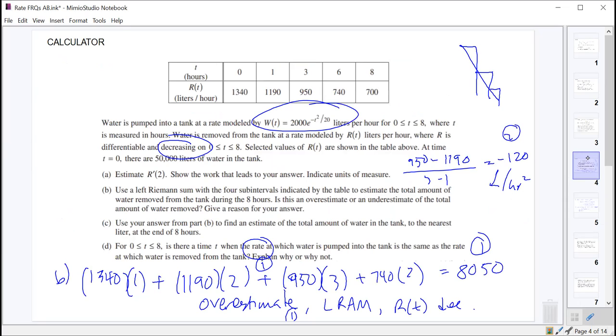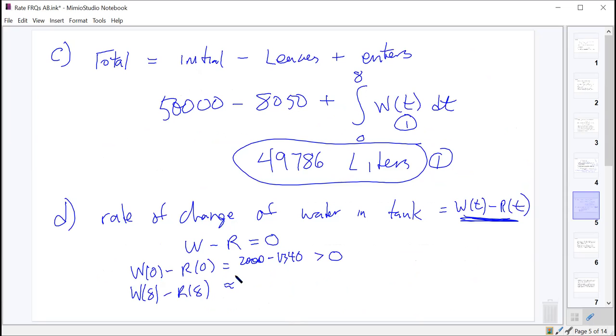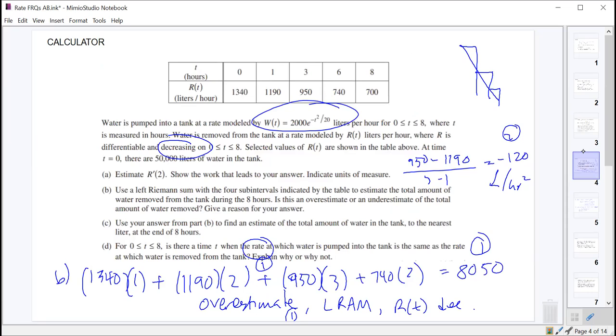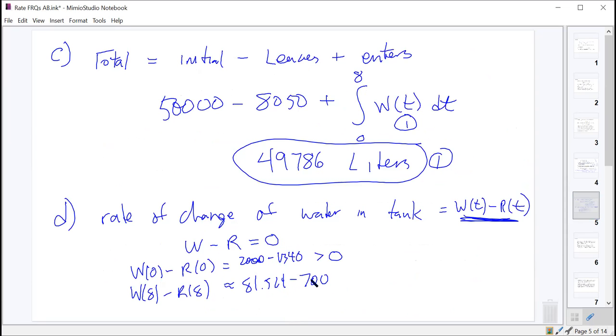W of 8 ought to be e to the negative 64/20 times 2000, whatever that is. It's what? 81.524-ish minus 700. Is that positive or negative? Negative. So yes, by the IVT.